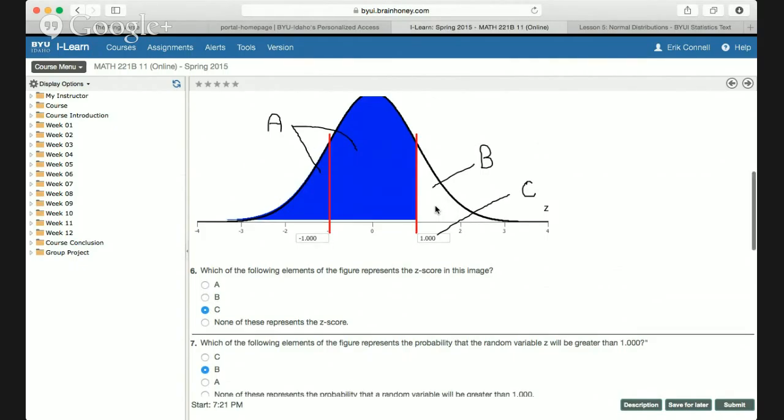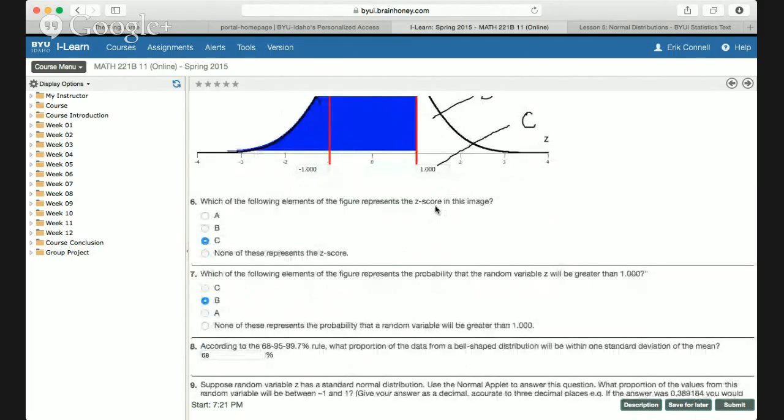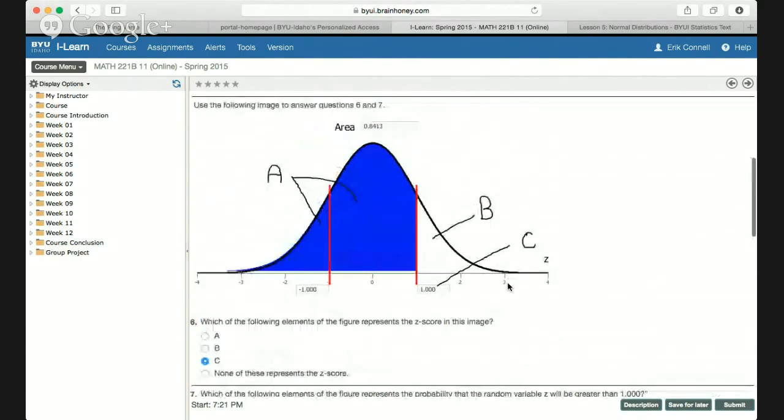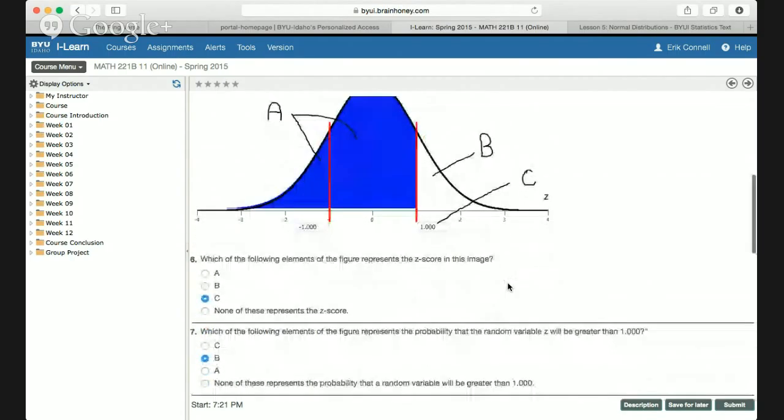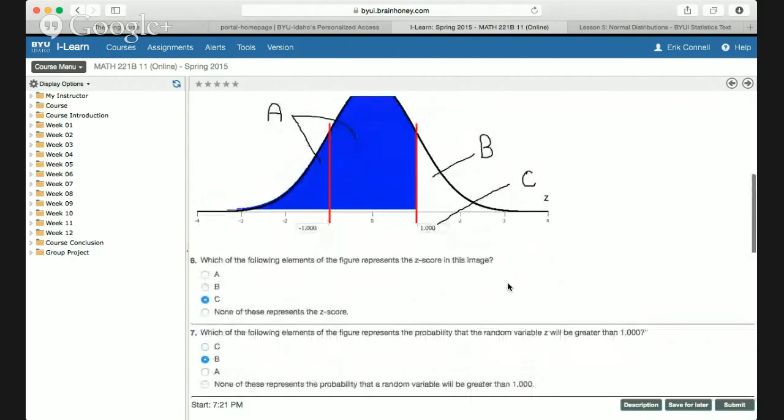But that's where I wasn't really sure. Well, yeah, B, because for it to be greater than that, that would be it.